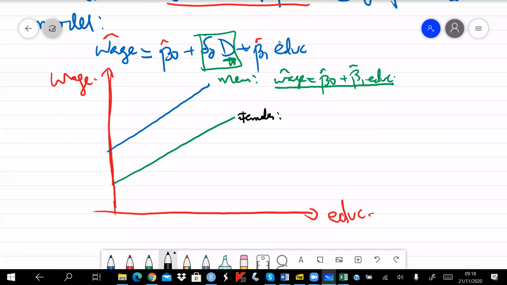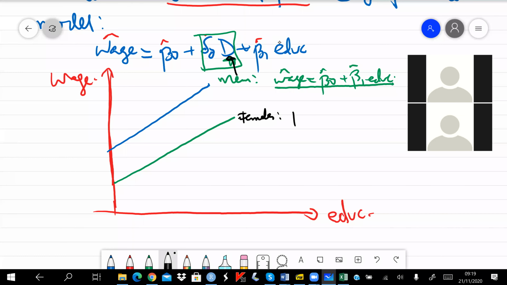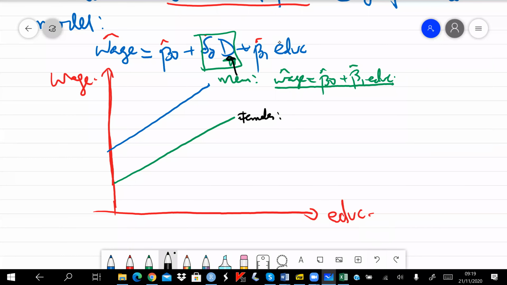But where there is D, you put 1. So for the females, the estimated wage is given by beta naught plus delta naught plus beta 1 education. So for the females, that's how you predict their wage.